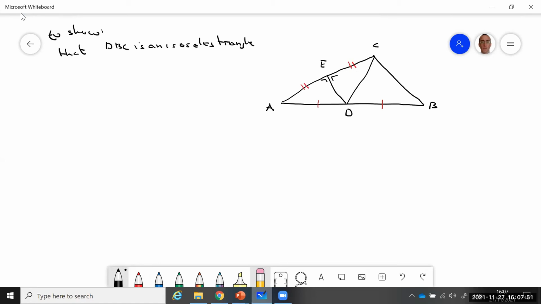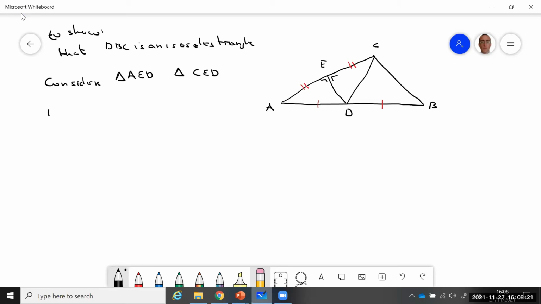Okay, so consider the triangle AED and the triangle CED. There's a lot of action going on here, so we might as well just write down what we know.